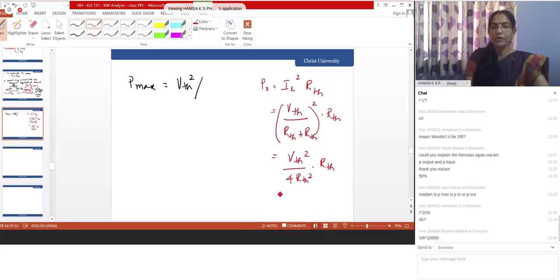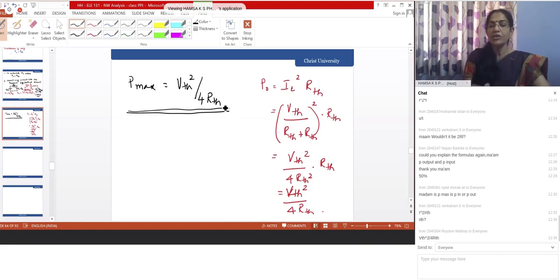That will be VTH squared divided by 4 RTH. So this is the equation for the output power, and P max is equal to VTH squared divided by 4 RTH. This is the expression for the maximum power transferred, right?